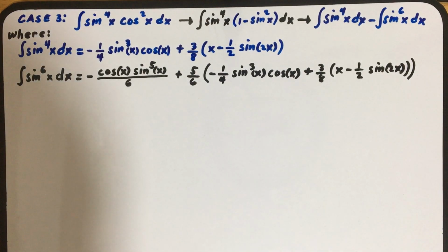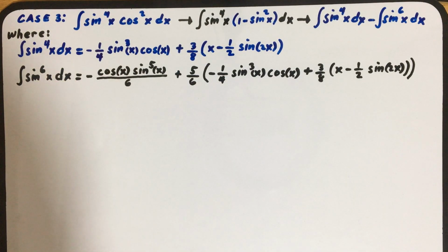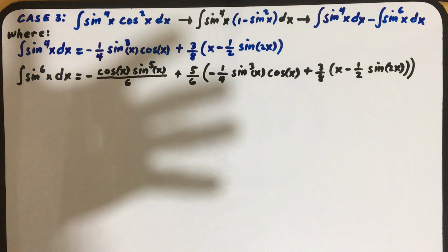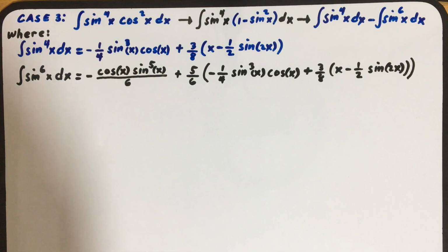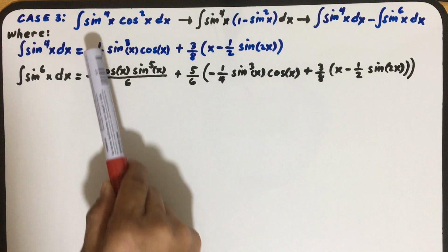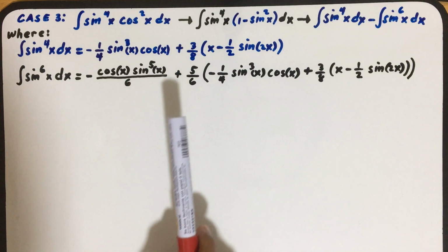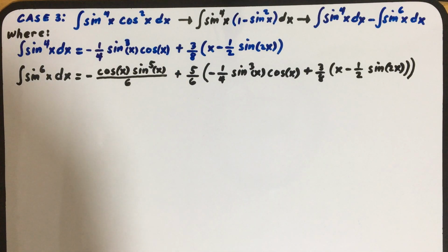So our task for today is to give details of our solutions to our case 3 for the solvable groups of trigonometric integrals. So in our separate video, we have already solved this problem. And now there are a lot of questions on how the answer was derived.